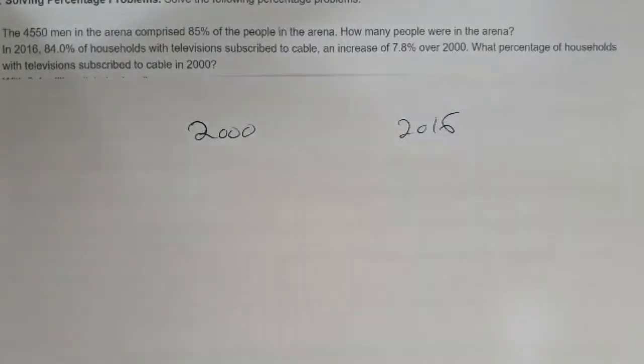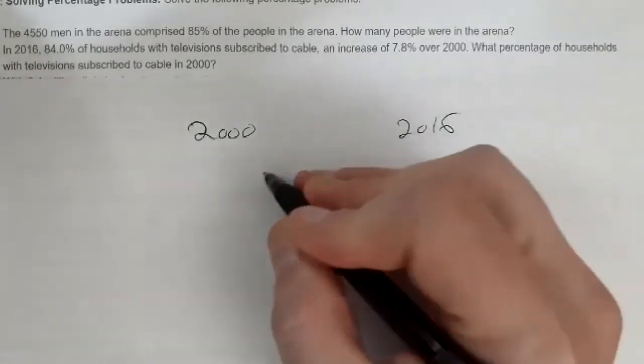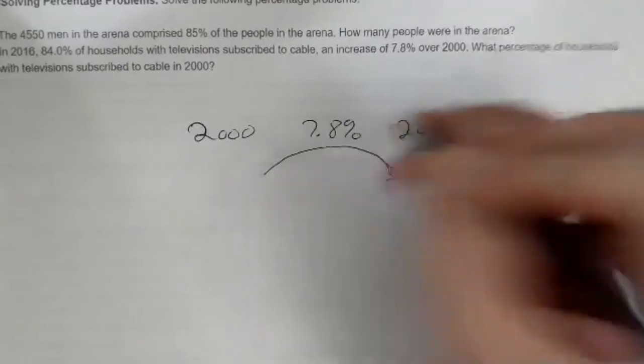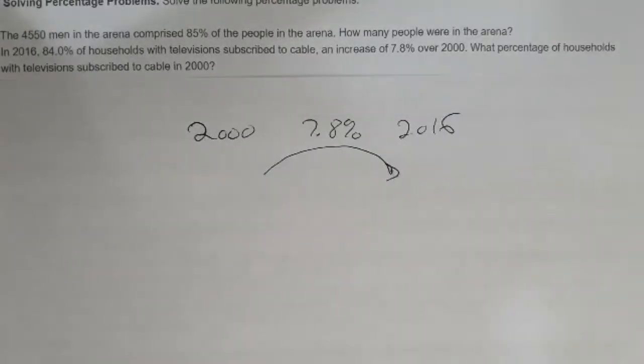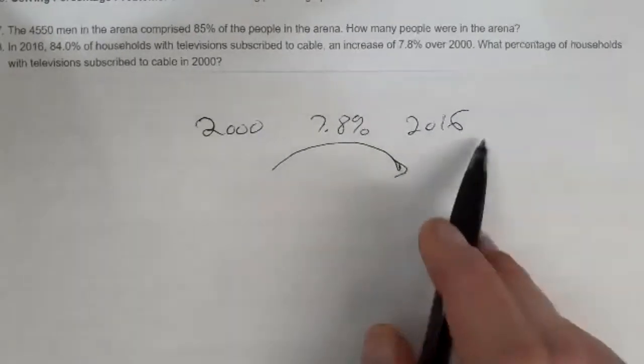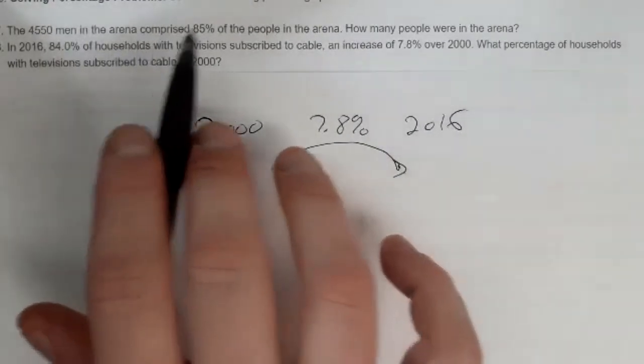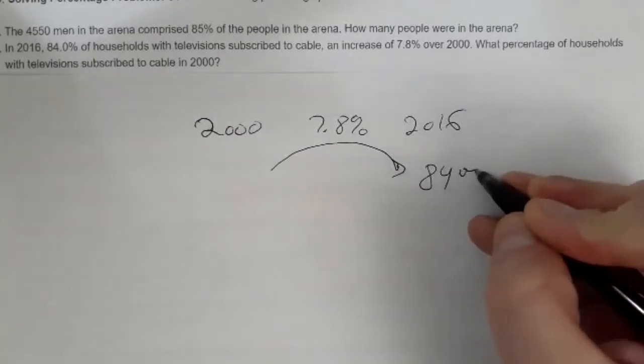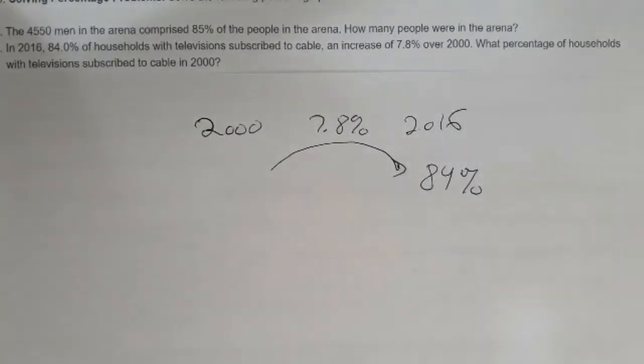This problem sounds like 7.8% might help you. And in 2016, we know 84% of the households had it. So this might be confusing because they're doing percentages of percentages here.